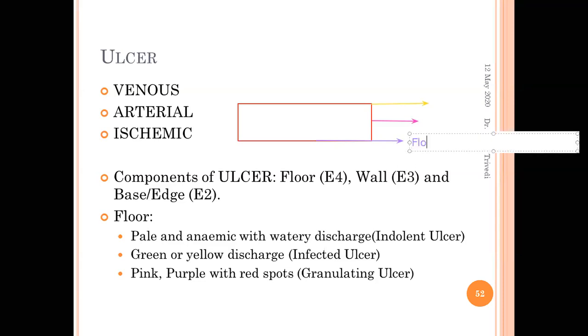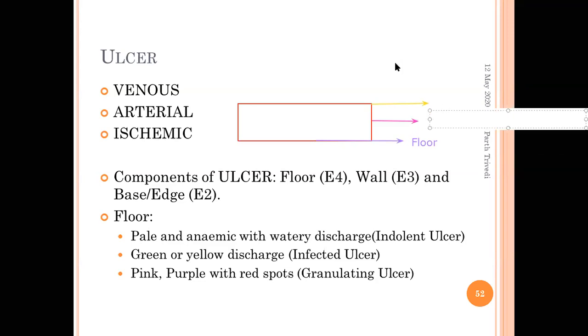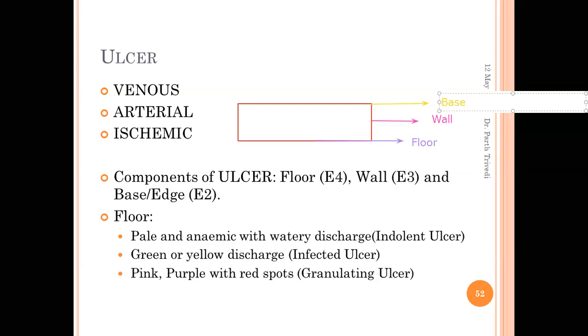This one is floor. This one is wall, and the above one is the base or edge of the ulcer.